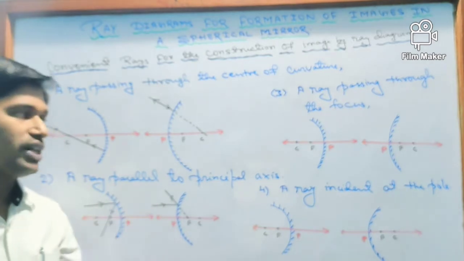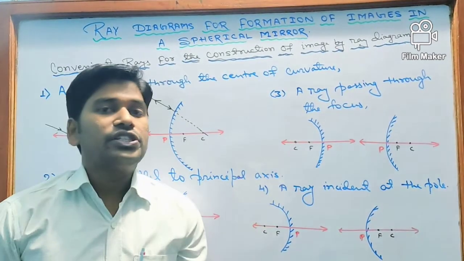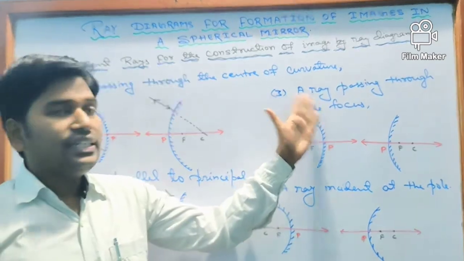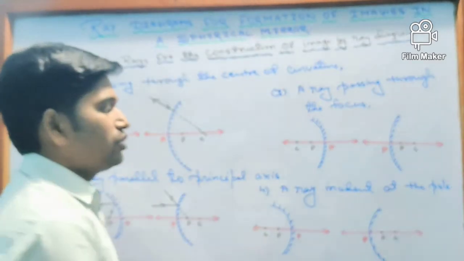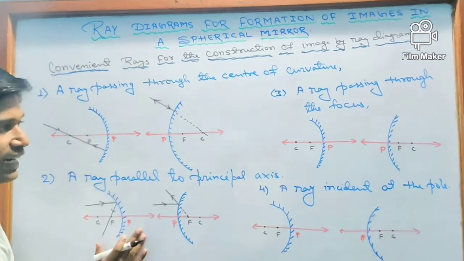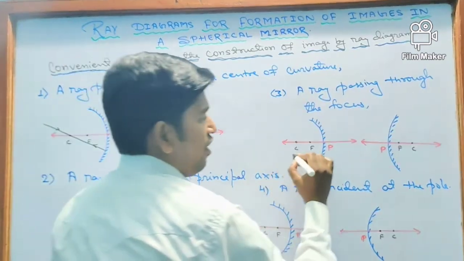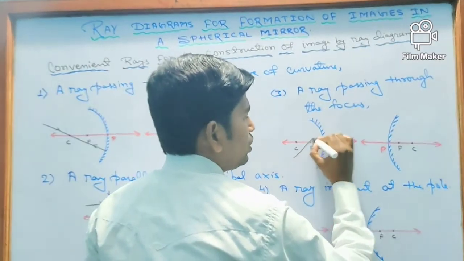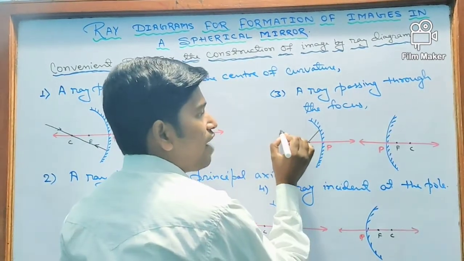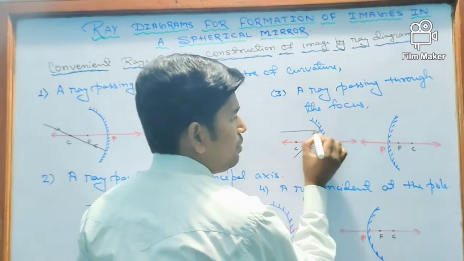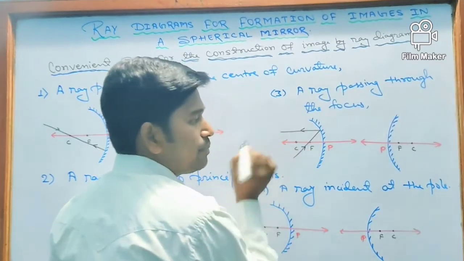The third point, when a ray is incident passing through the focus. So just opposite of the second case, when a ray of light is passing through the focus, let us see, this is the incident ray. After reflection it will become parallel to the principal axis.